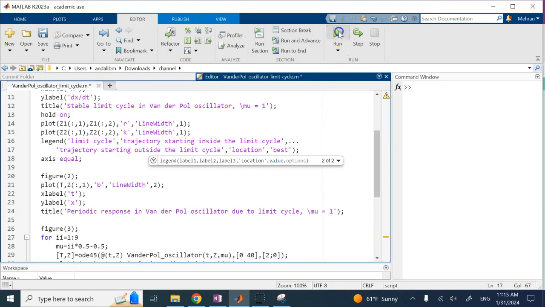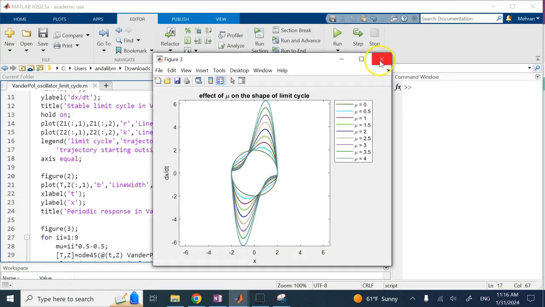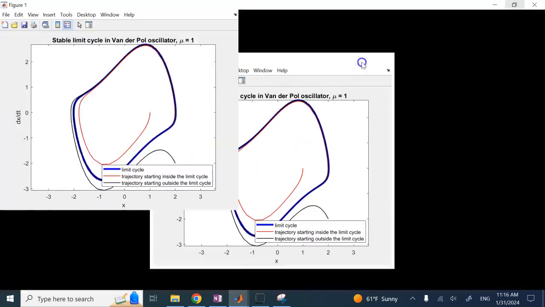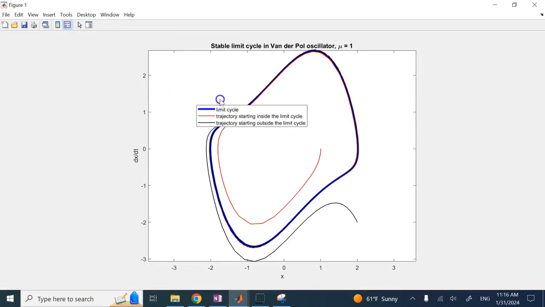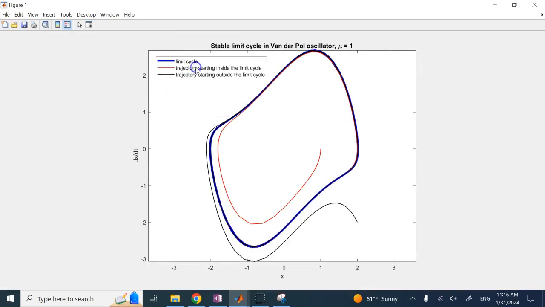Maybe best can leave it inside and keep the size of the picture and doesn't shrink it. Let's see, there we go. Yeah, it's better actually. You can probably bring it here toward the center or put it here on the northwest too. And you clearly can see that you will go to the stable limit cycle, and this is for mu of 1.